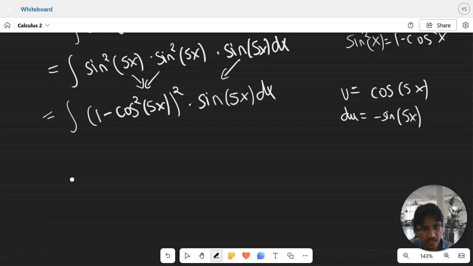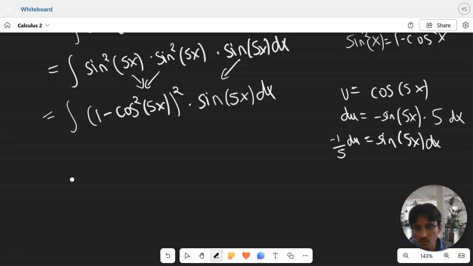The derivative of cosine is negative sine, and the derivative inside is just 5. So du is going to be negative 5 sine of 5x dx, so sine of 5x dx equals negative 1/5 du. This is going to help us sub it back in.